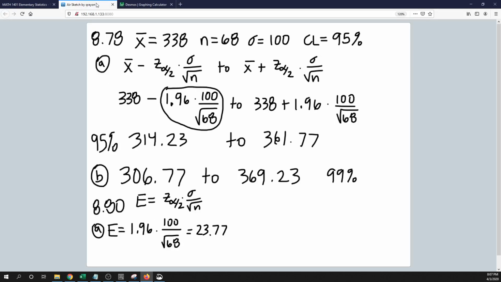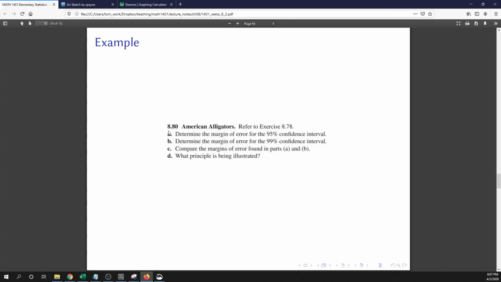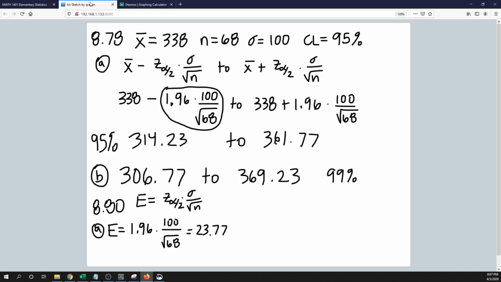All right, part B. Determine the margin of error for the 99% confidence interval. And remember, for the 99% confidence interval, sigma was the same at 100, the sample size was the same at 68, and the only difference was the z of alpha over 2.